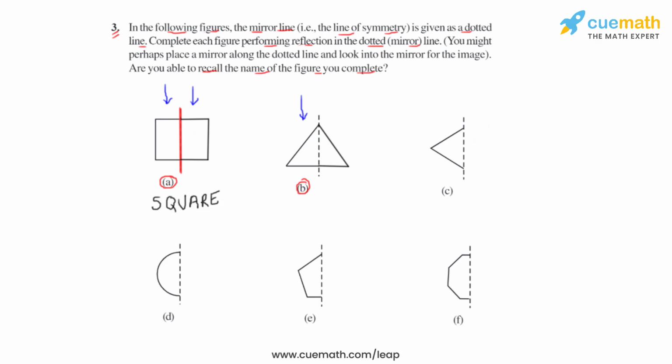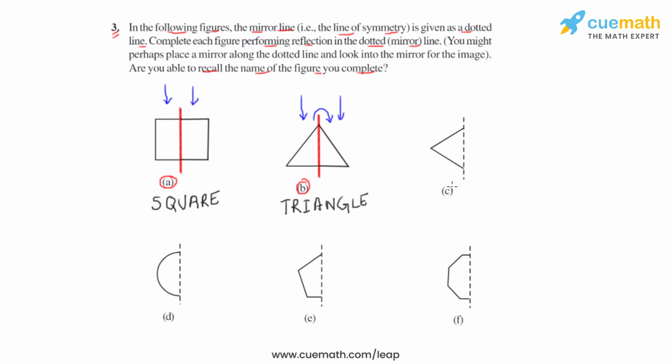And also we see that if we fold this figure along this mirror line, both these two halves will coincide, making this red line also the line of symmetry. So to answer this question, once we get the complete figure, we see that it forms a triangle.